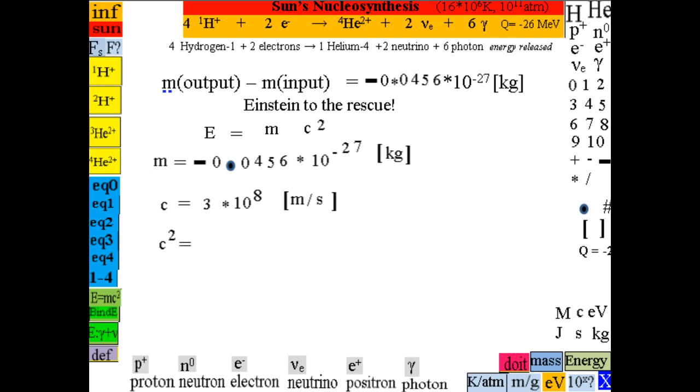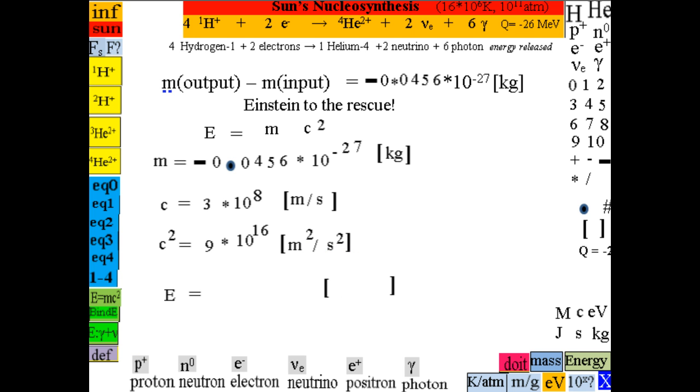Now you have to know what the value of c squared is, and also what the unit of c squared is. The answer is c squared is equal to 9 multiplied by 10 to the power of 16, and the unit for this is meter squared divided by second squared.